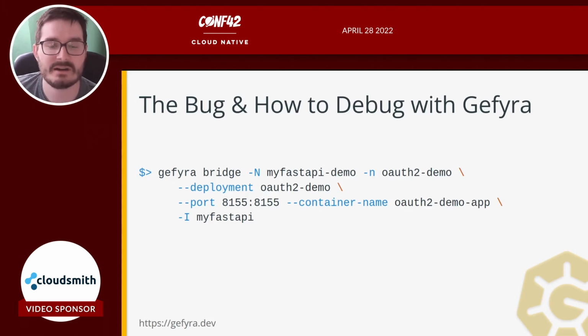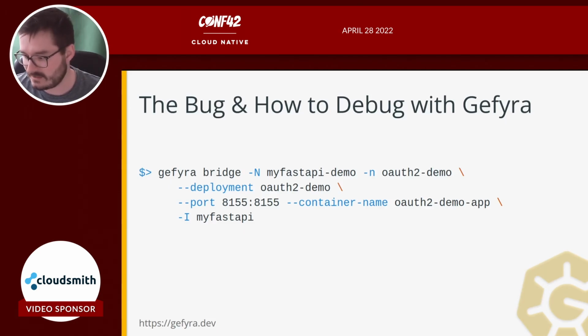And I'm particularly interested in all containers within pods that are named OAuth2 demo app. You remember it's the second container in my sidecar pattern, which runs on port 8155. So this is the same that I'd like to forward to my local container instance. And I assign the name my FastAPI at this point, again, for further reference.